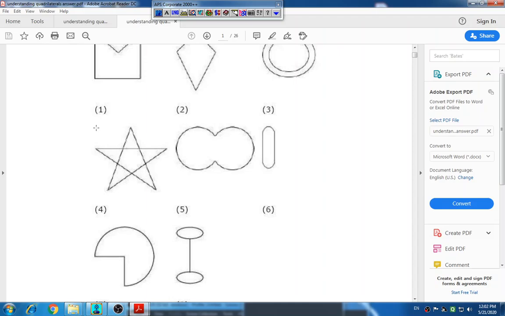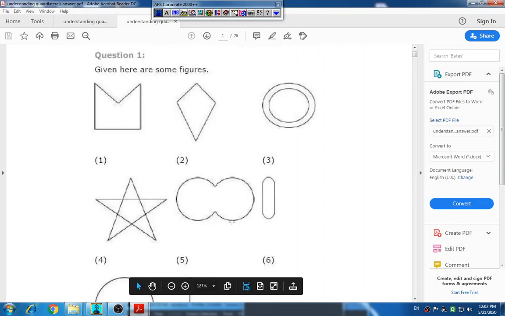And 7 is also a simple curve. But you can see that this one is also a simple curve. Simple closed curve. Look at here. This is closed. This is also closed. This 5th is also closed. 6th is also closed. And 7th is also closed.